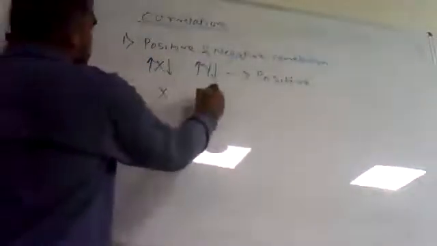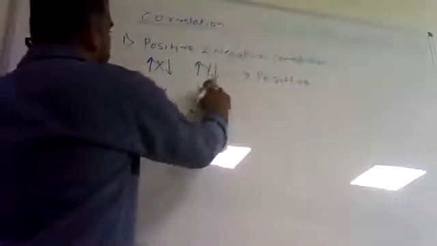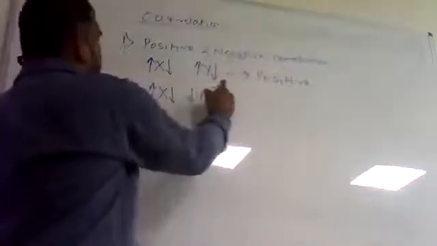Now, what is negative correlation? Two variables x and y are there. When value of x increases, value of y decreases, or value of x decreases, then value of y increases. That means these two variables are moving in opposite direction.